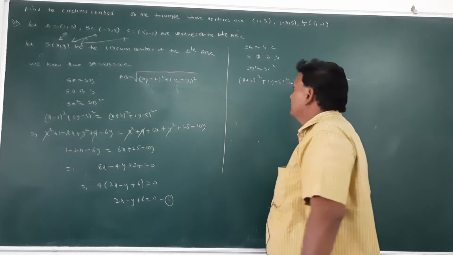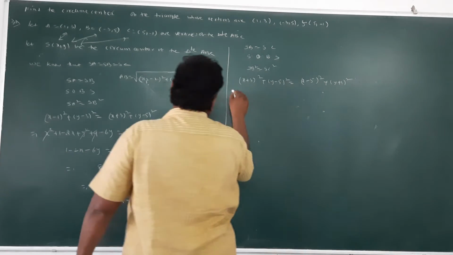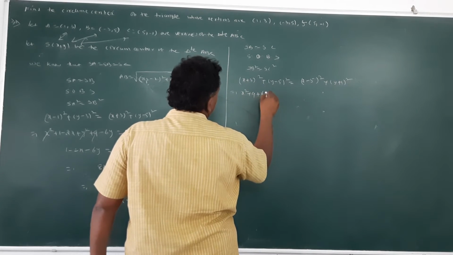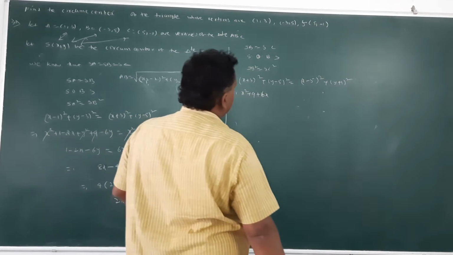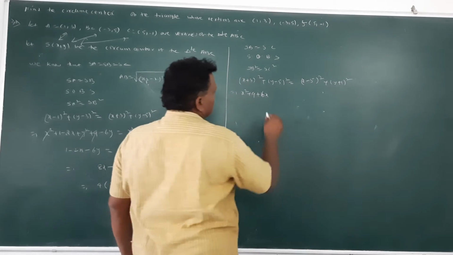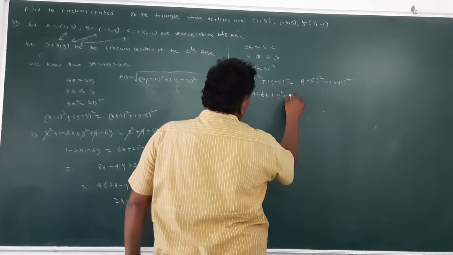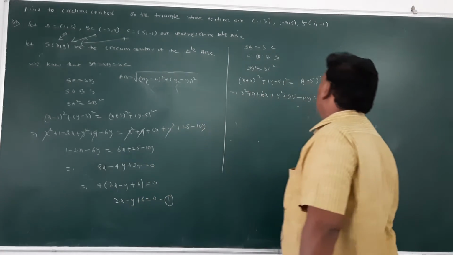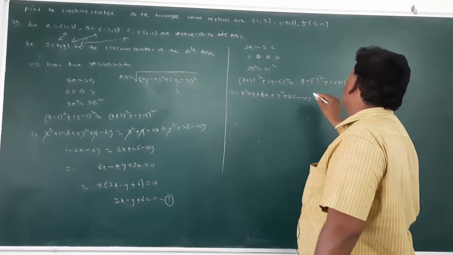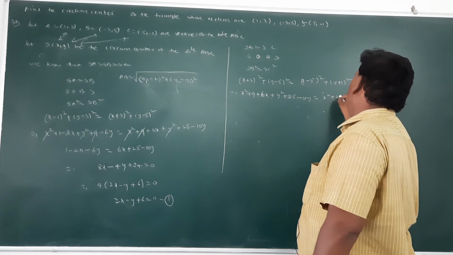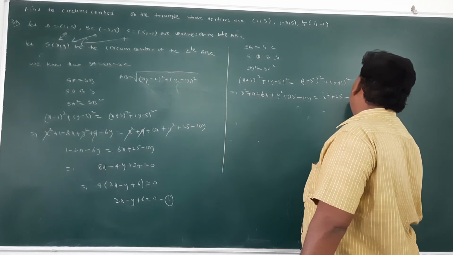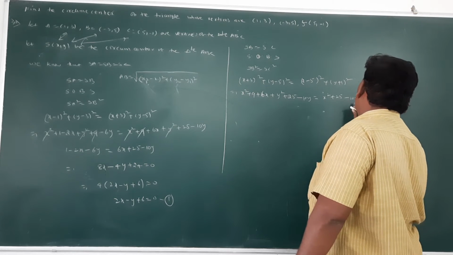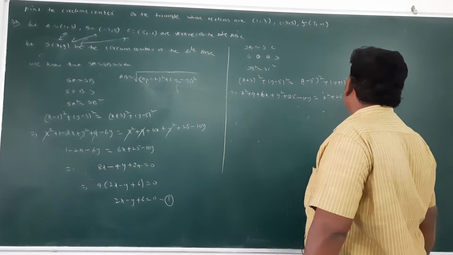Here (a plus b) whole square is a square plus b square plus 2ab. x square plus 3 square plus 6x plus y square plus 25 minus 10y. This is also (a minus b) whole square: x square plus 25 minus 10x plus y square plus 1 plus 2y.